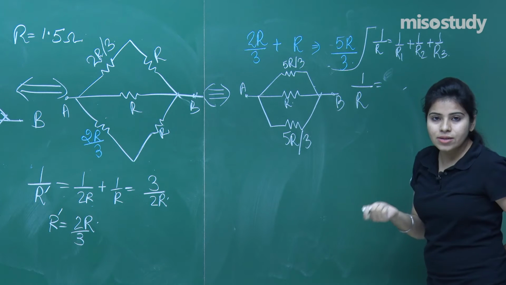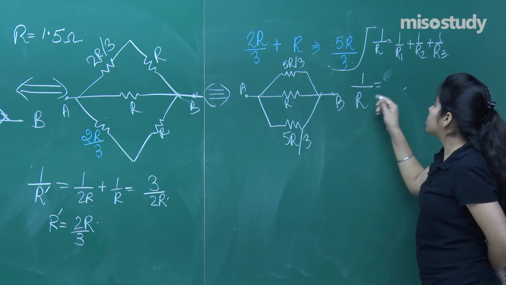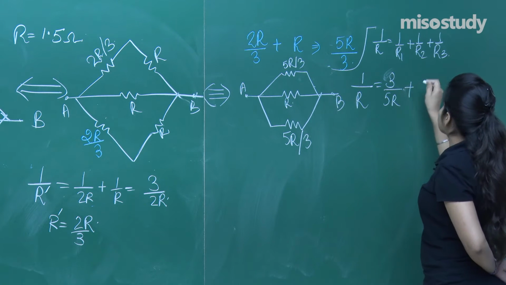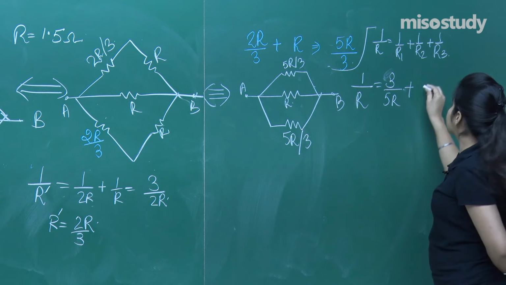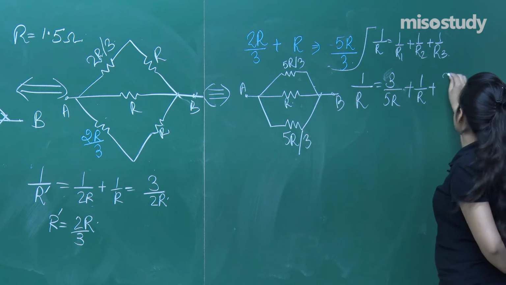So we will do it in the similar manner. 1 by R1 will be 3 upon 5R, so 3 upon 5R plus this 1 by R plus again 3 upon 5R.